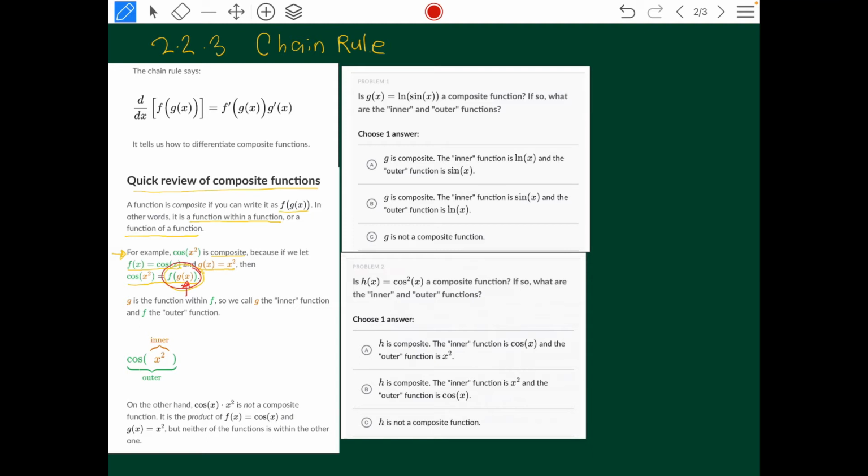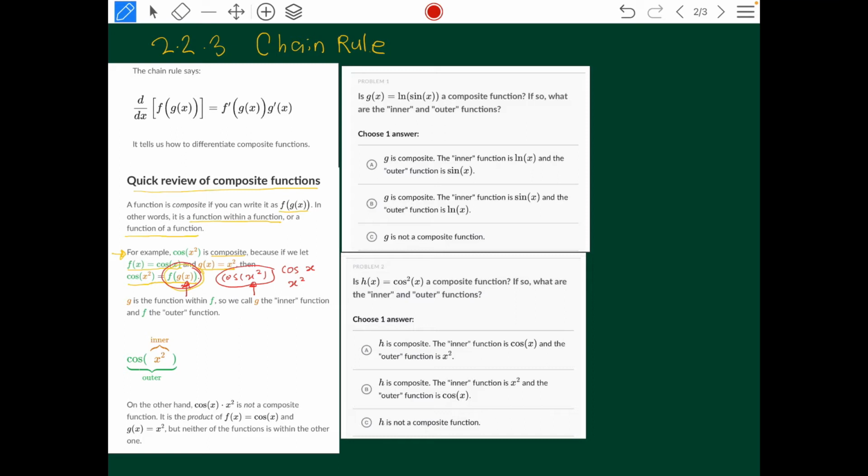Again, if we have cos x squared, we have this function x squared within the big function. The big function, or the outer function, is cos x, and the inner function is x squared.